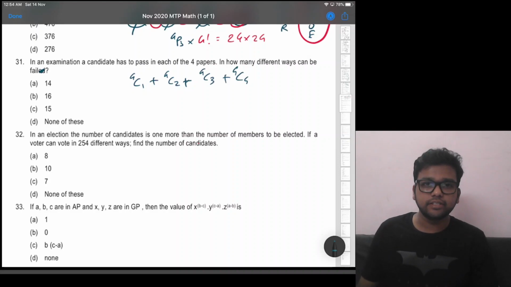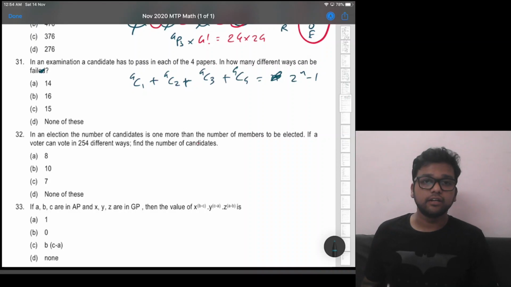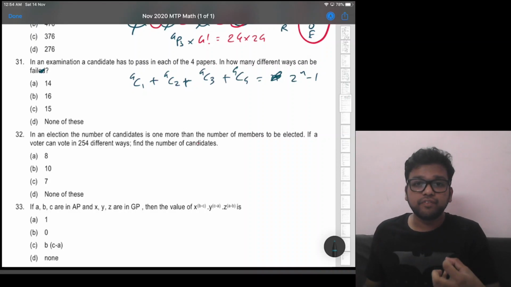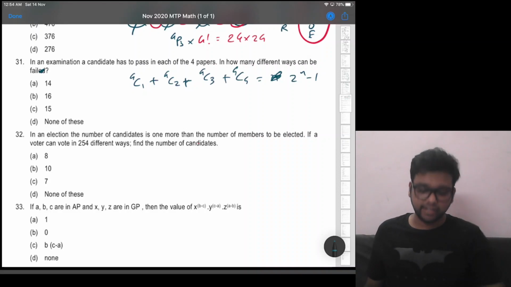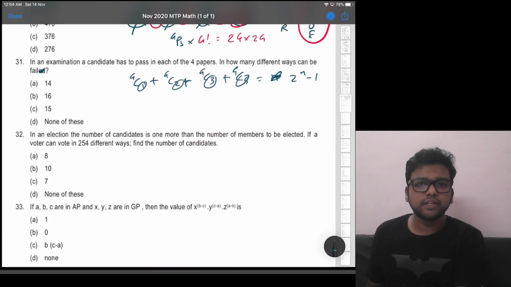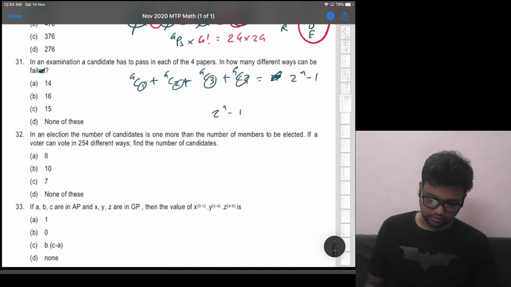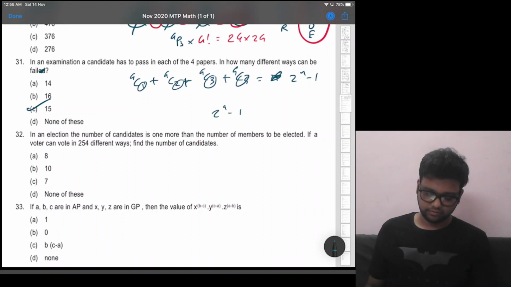Now, don't calculate this. There's a shortcut: 2 raised to n minus 1, because this is the number of ways of selecting any number of things out of 4. So that is 2 raised to 4 minus 1, so 15. 15 is the correct answer.